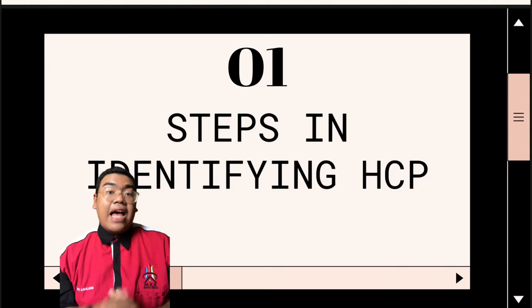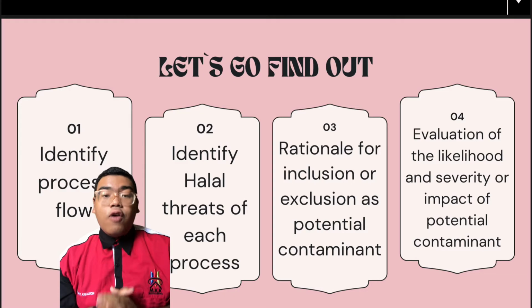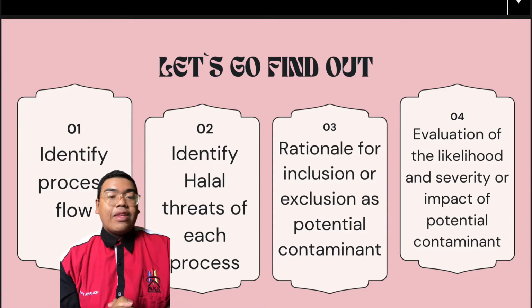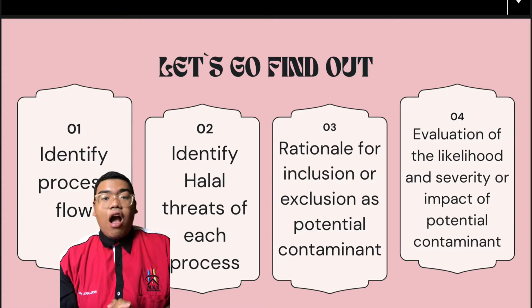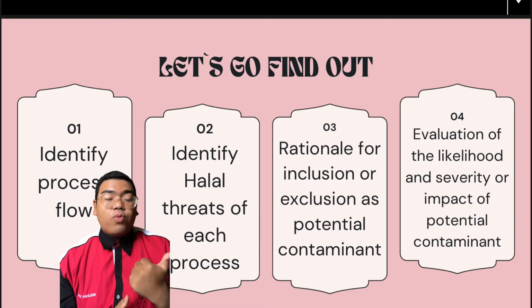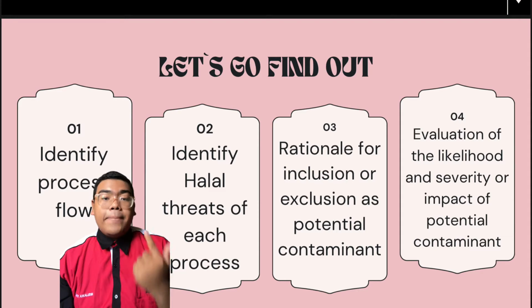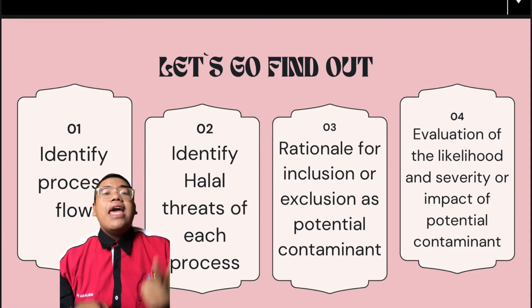The first step is to identify the process flow of our product. The second step is we must identify the halal traits of each process. There are 4 halal traits: environment, people, equipment, and material.